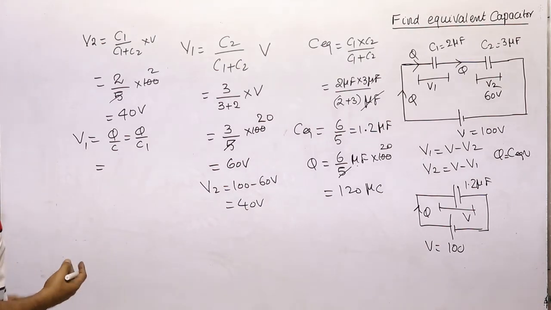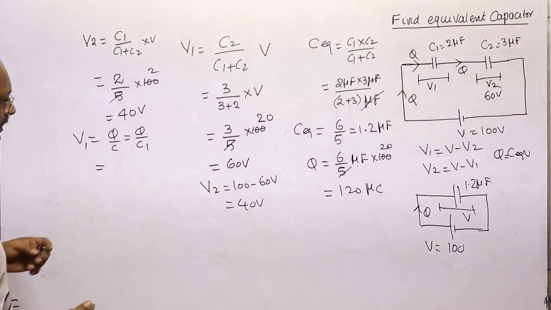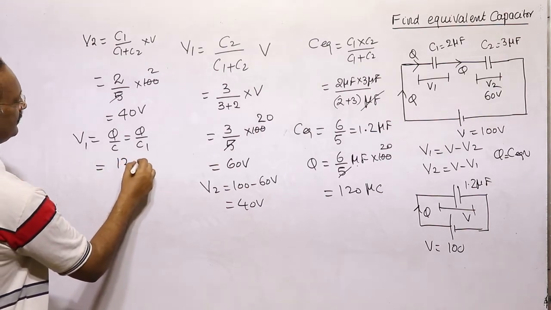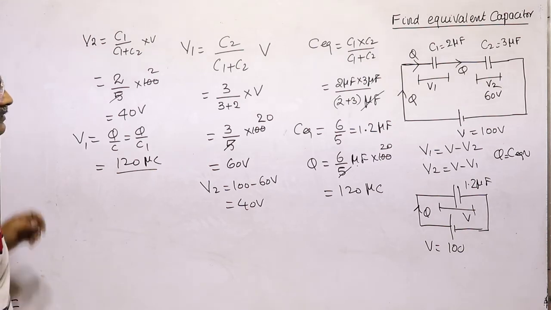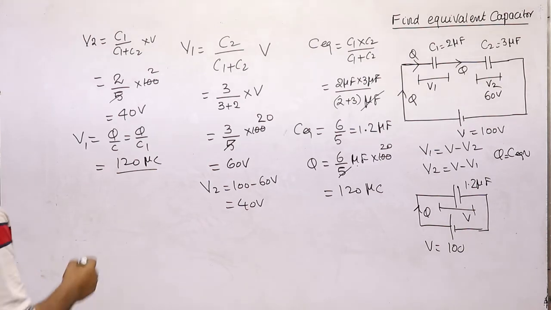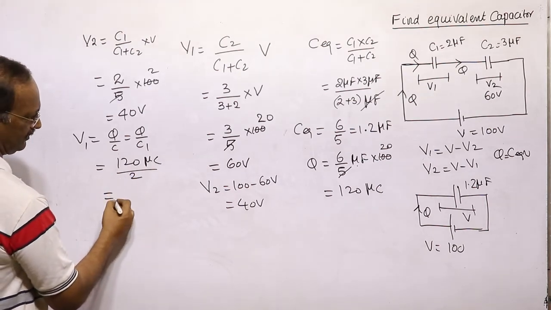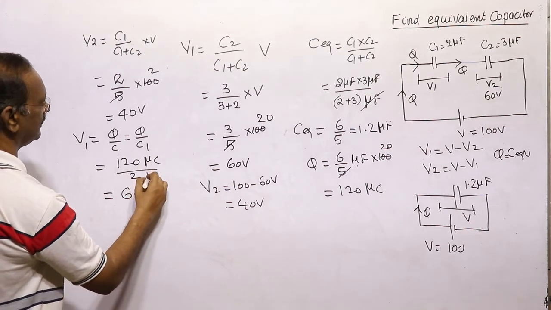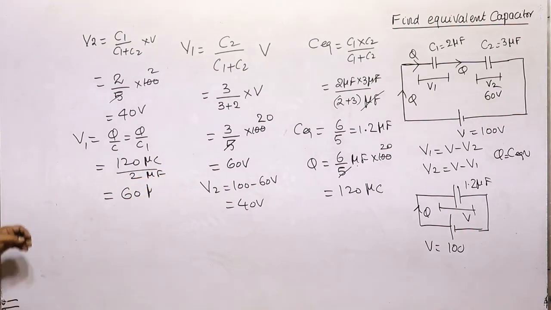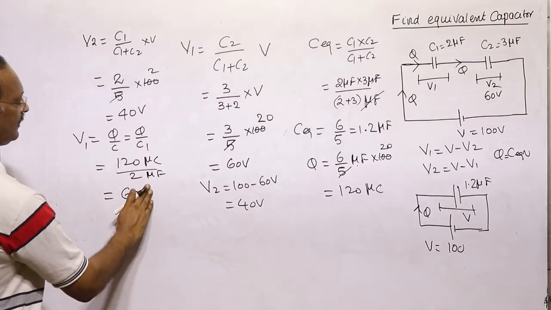Q is 120 microcoulomb divided by C1, which is 2 microfarad, equal to 60 volt.